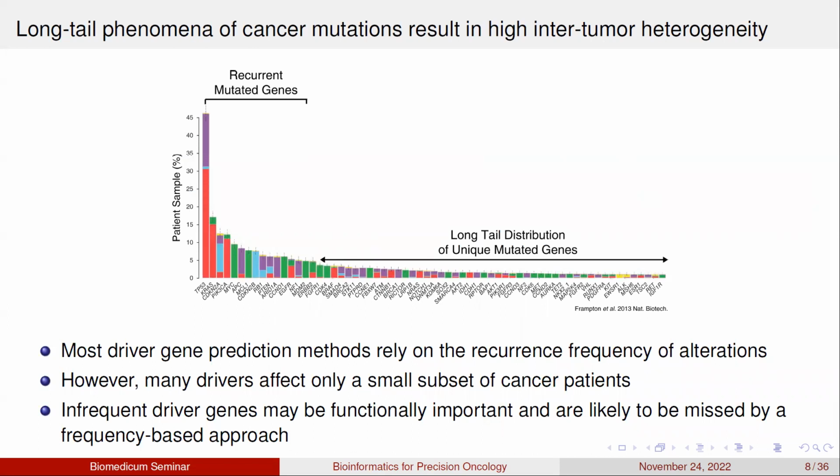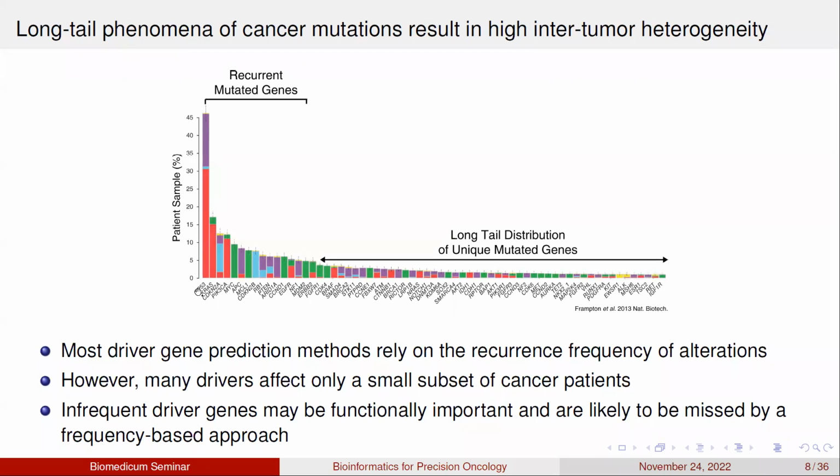If we plot the distribution of these mutations in terms of how many times we observe them across different patients, we get the kind of distribution shown in the slide, where the vertical axis represents the number of patients that harbor an individual mutation, and the horizontal axis lays out the different genes mutated in cancer. We can see that very few genes are recurrent, or mutated across a large fraction of patients.